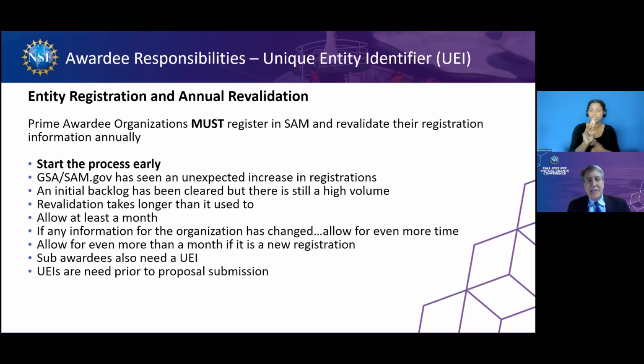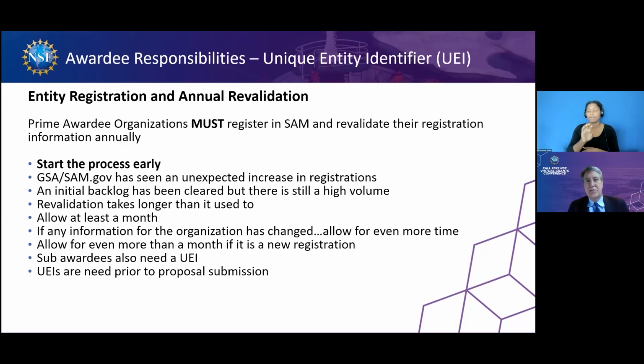All entities, whether you're a prime awardee or a sub-awardee organization, need to get a UEI. Prime awardees need to register, and sub-awardee organizations need to get a UEI. There are separate processes available. If you look at the SAM.gov webpage, it has the 2 separate processes for what each organization needs to do. If you are just going to be a sub-awardee organization, all you need is the UEI.